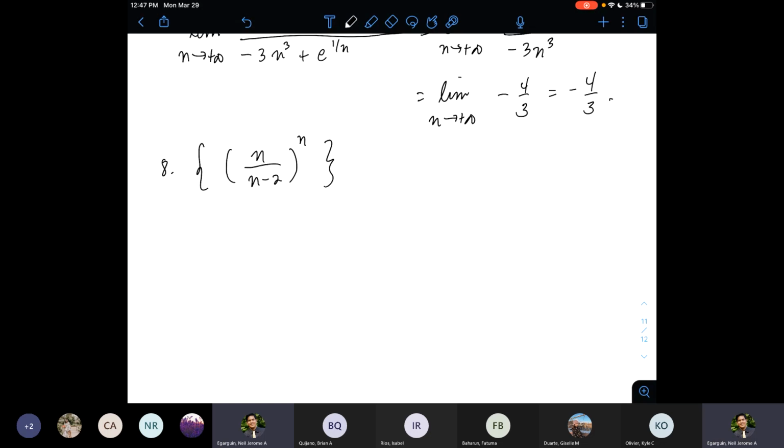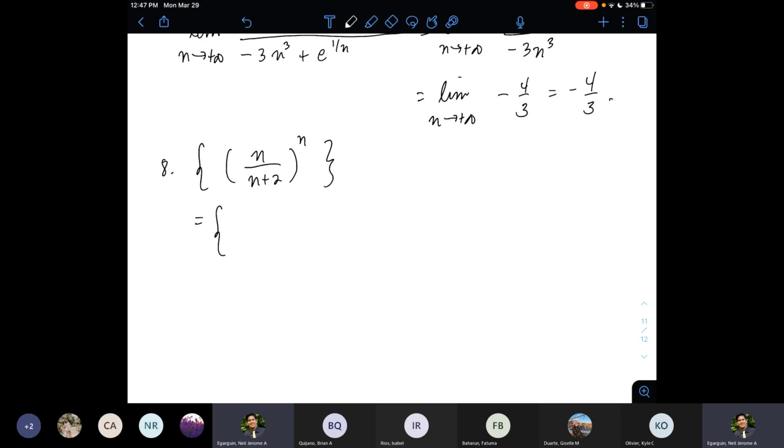The sequence is n over n plus 2 raised to the power n.